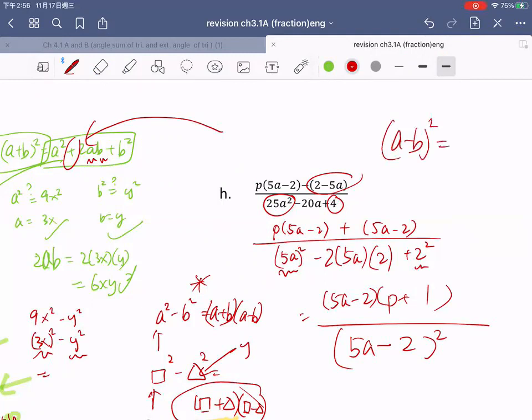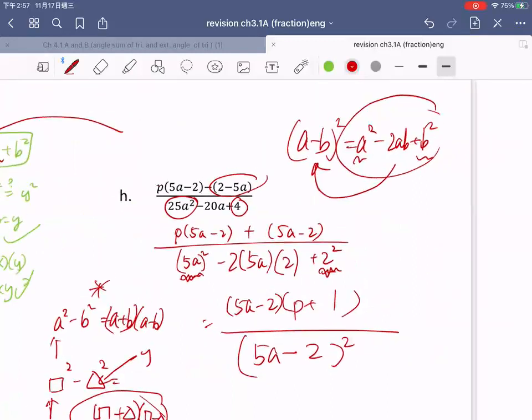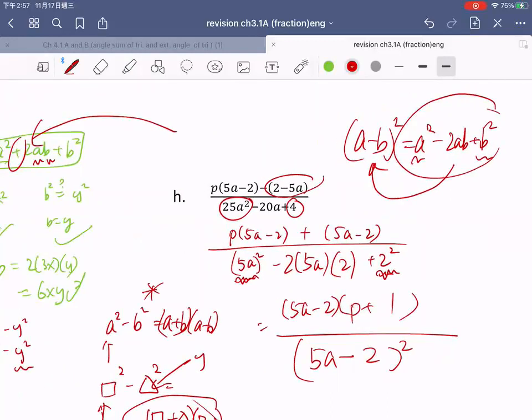It's a squared minus 2ab plus b squared. This time a is 5a, and the b side is 2. You can make this pattern into a minus b bracket squared. What kind of bracket can you say?